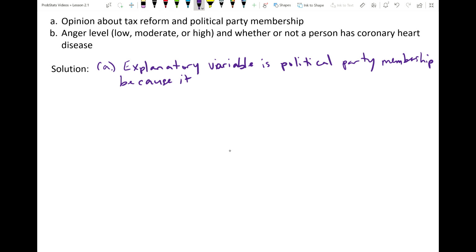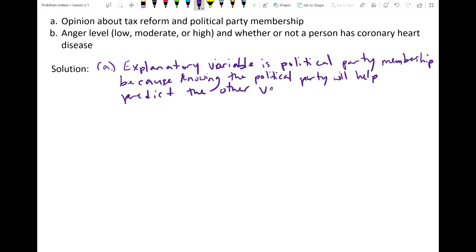And we said that because knowing the political party will help predict the other variable.